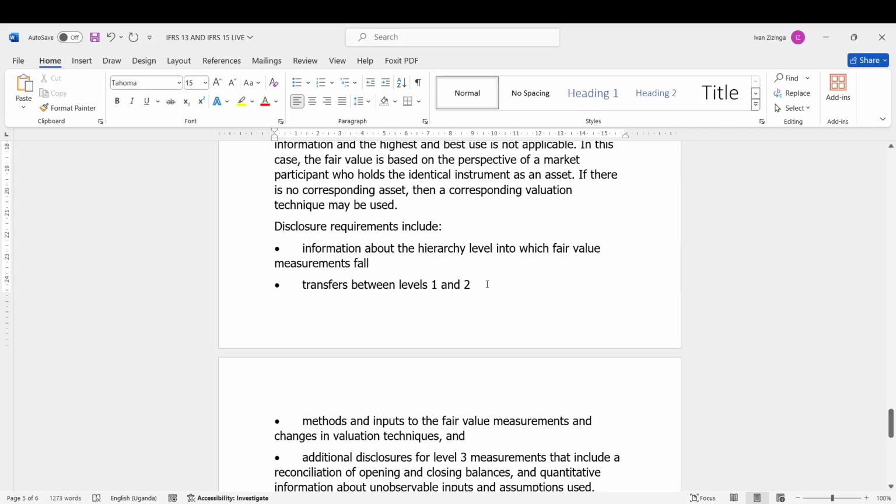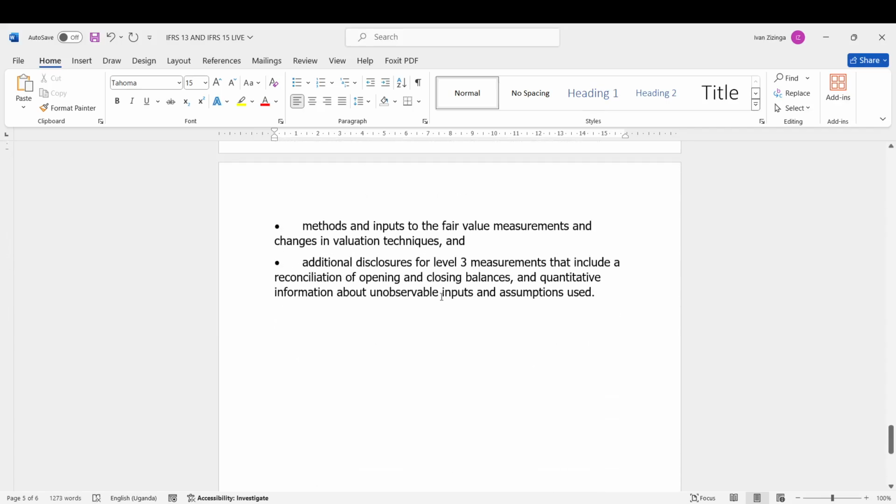And in situations where you have measurement of the asset moving from level 1 to level 2, then also provide a breakdown. That before I was measuring this asset using level 1 because we had quoted prices of the same asset, but now we do not have an identical asset, but they are similar assets. And so we had to make some adjustments. Those are some of the disclosures that you should be able to make.